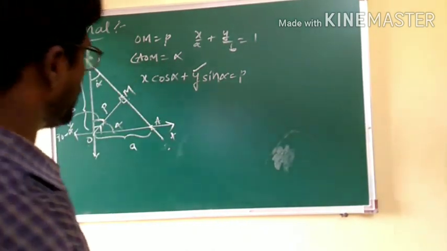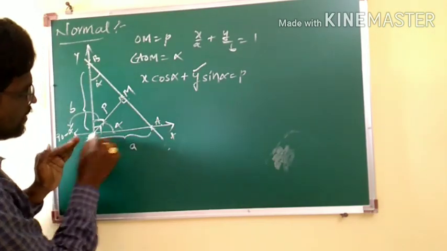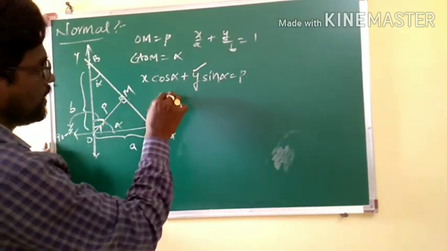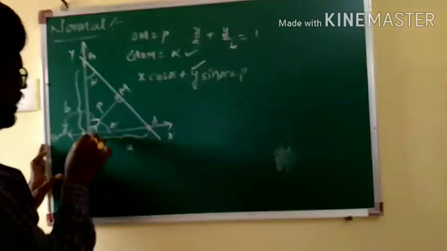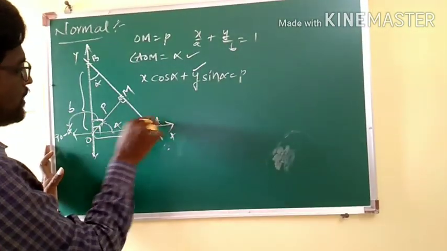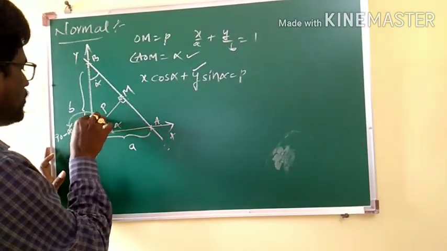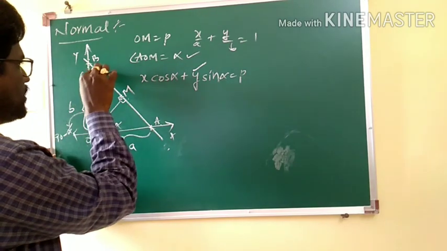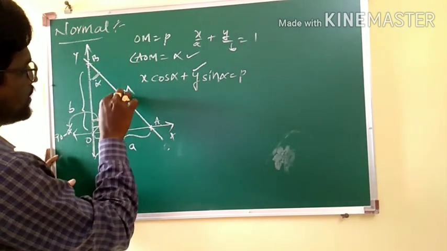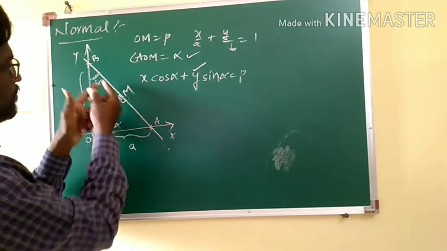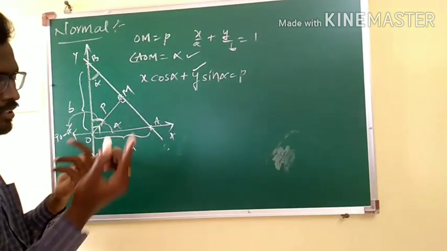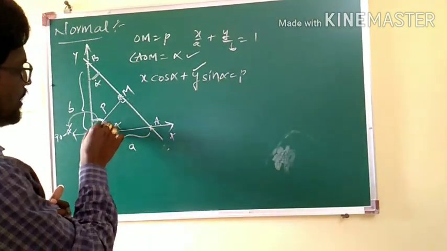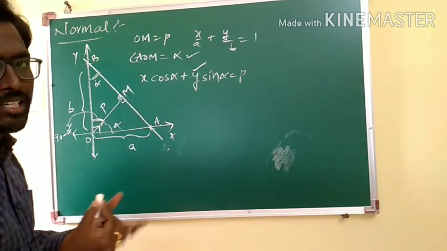If this particular angle AOM is equal to alpha, and this BOA is 90, therefore this angle will be 90 minus alpha. So here it is going to be alpha, since this angle is 90. 90 plus alpha plus 90 minus alpha is equal to 180, so the angle sum property of the triangle is satisfied.